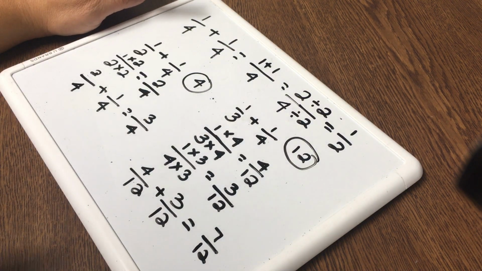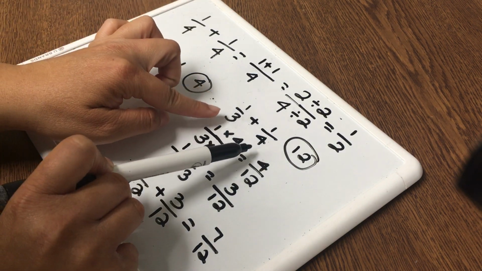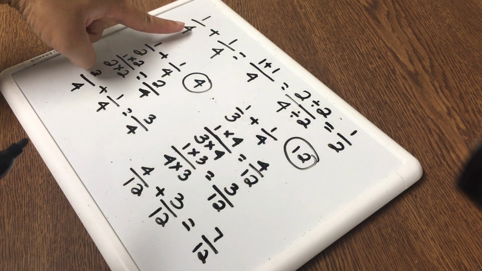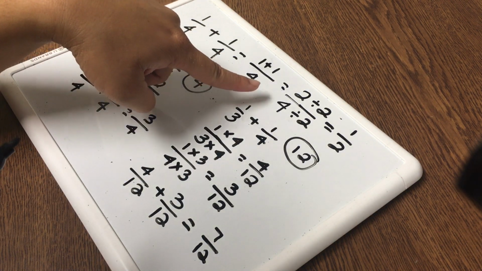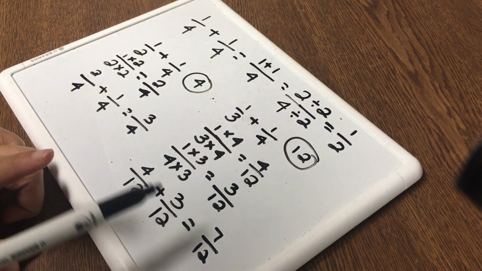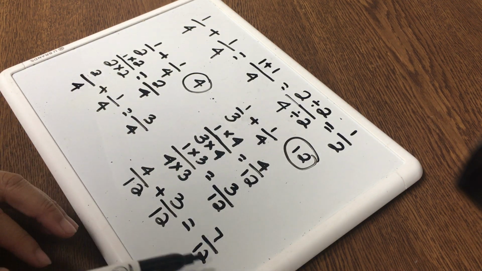You see how 1/4 plus 1/4 is different than 1/3 plus 1/4. With 1/4 plus 1/4 you can just go ahead and add straight through, whereas this one right here is a little bit trickier, where you have to change the denominator to get to your answer.